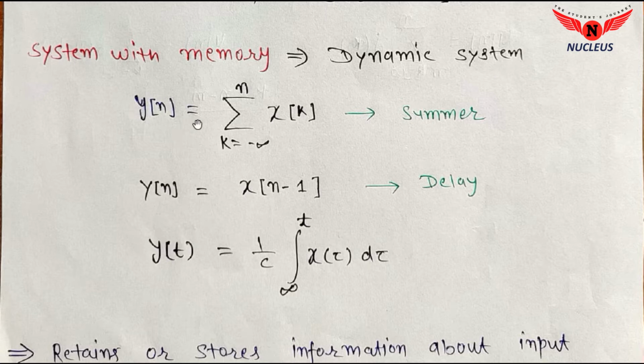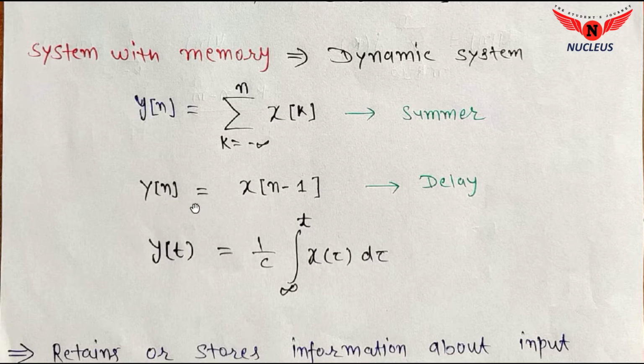What is an example? The first example is y[n] = summation k equal to minus infinity to n of x[k]. If you put the values of k into this, this will be a sequence, or we can say this is the summation. So the present value of y[n] also depends on the past values of x[n].